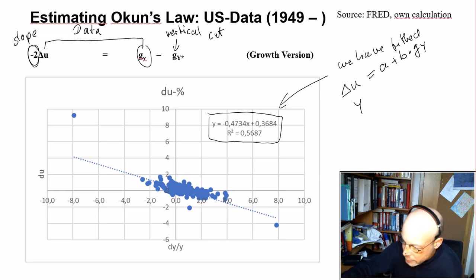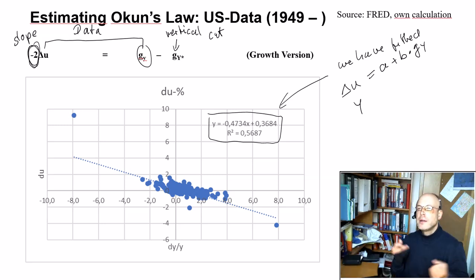So we have not directly this number which we are interested in. What is it over the whole time series compared to the time period when Okun fitted his data? Remember, this was, I think, in 1962, and now we are 60 years later.